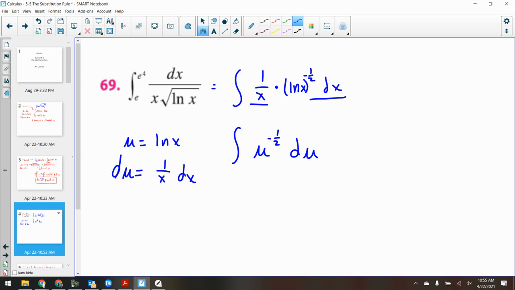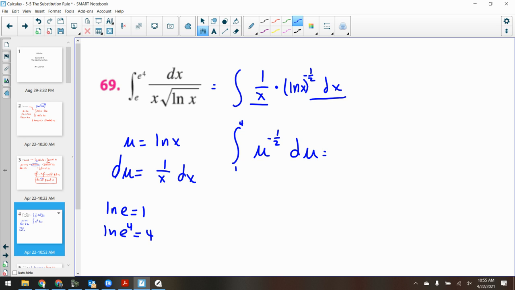Now I find my endpoints. I say, okay, ln of x is my u value, so ln of e is just 1. So I've got 1 on the bottom, and then I find ln of e to the 4th, and that's just 4. So that means I've got from 1 to 4.